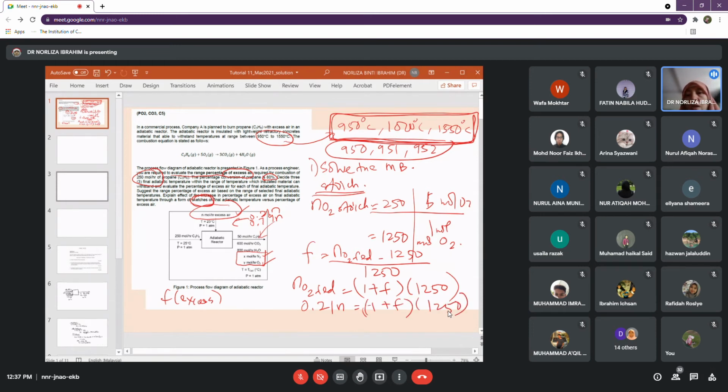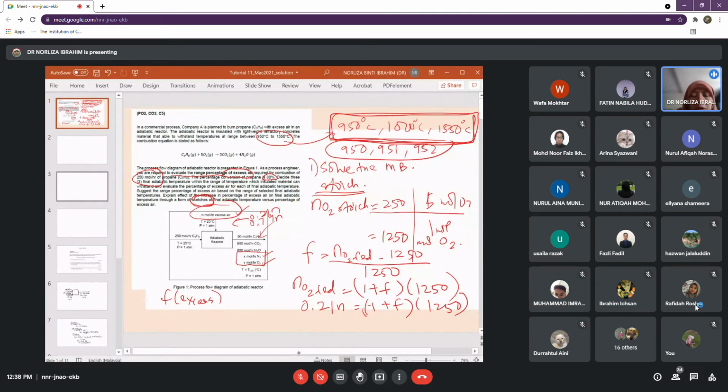Because at the end, from our outlet and inlet enthalpy table, we only want to have one unknown, which is the F. The rest should be substituted with other formulas relating to F. So 0.21 N is here.